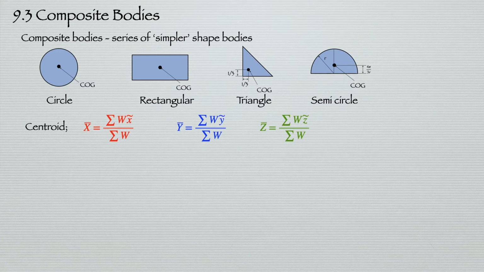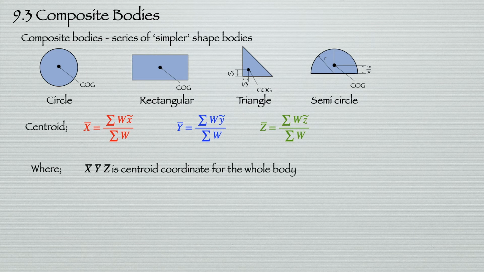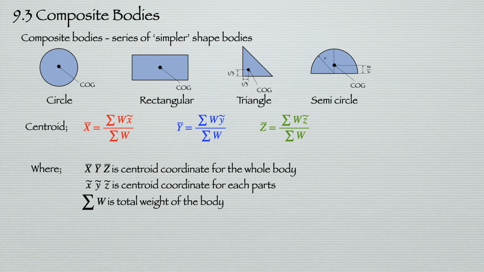Similarly in the y direction, y bar is equal to the summation of W ỹ over the summation of W, and z bar is equal to the summation of W z̃ over the summation of W. So x bar, y bar, z bar is the centroid coordinate for the whole body, and then x̃, ỹ, and z̃ is the centroid coordinate for each part of the composite body, and the summation of W is the total weight of the body.